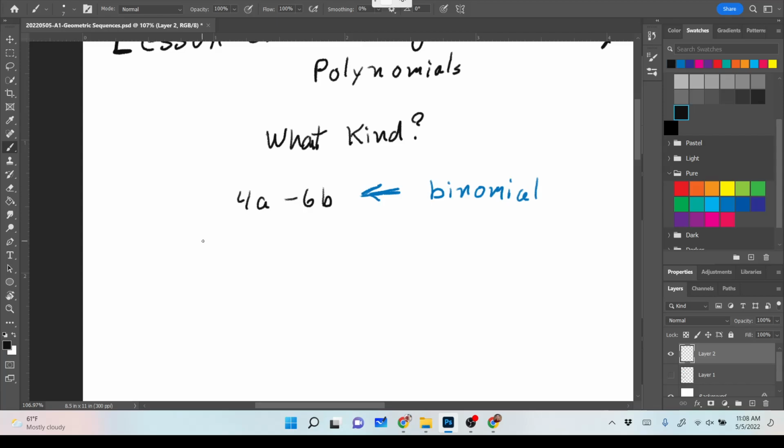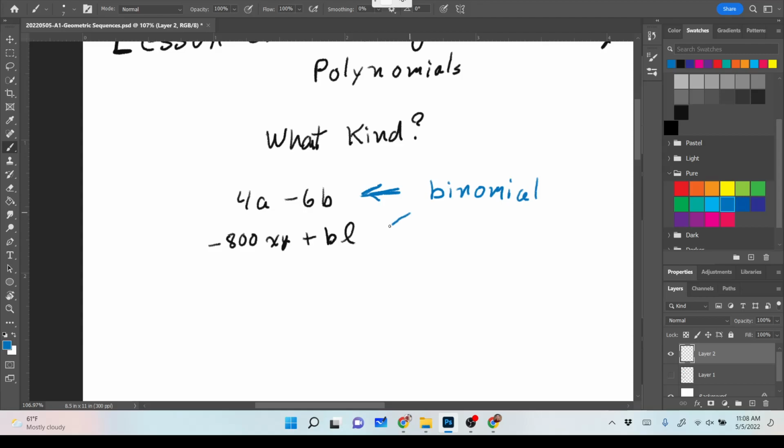Binomials. This one also is a binomial: -8,000xy plus bl. This would also be a binomial.